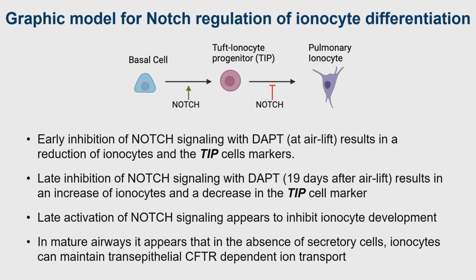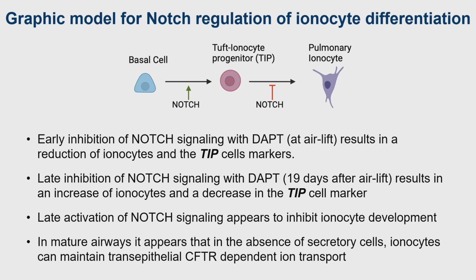And the 4 big takeaways from this talk that I want you to have are: 1, it is true that early inhibition of notch signaling reduces ionocyte numbers, likely by inhibiting the progenitors. 2, late inhibition of notch signaling still affects progenitors, but it increases the number of mature ionocytes, so it allows for ionocyte maturation. 3, late activation of notch inhibits ionocyte development or differentiation.